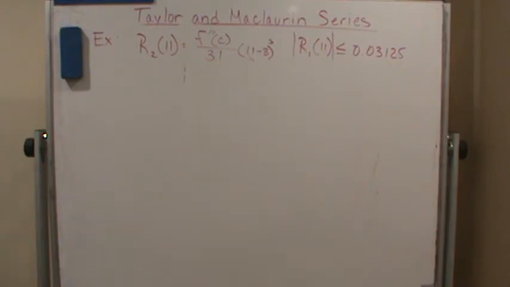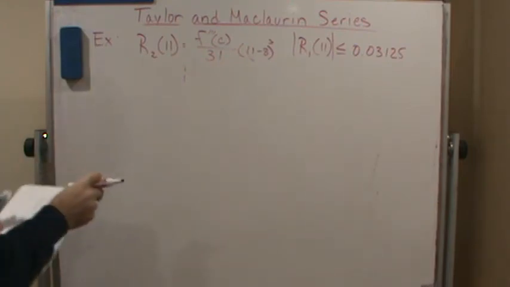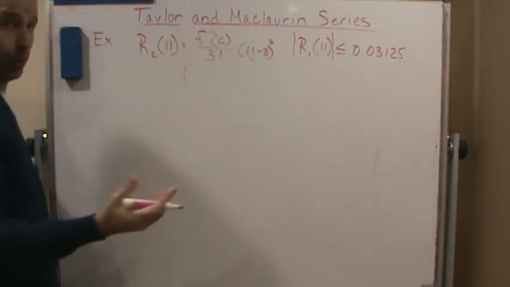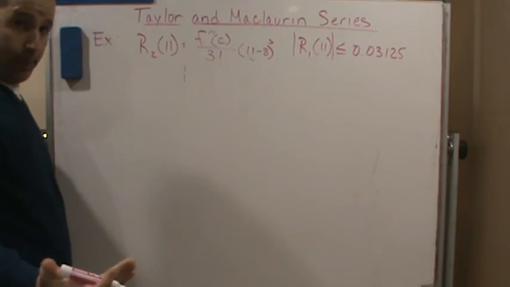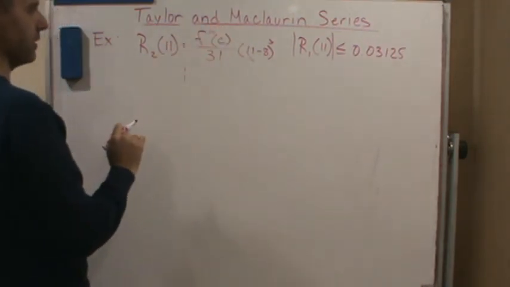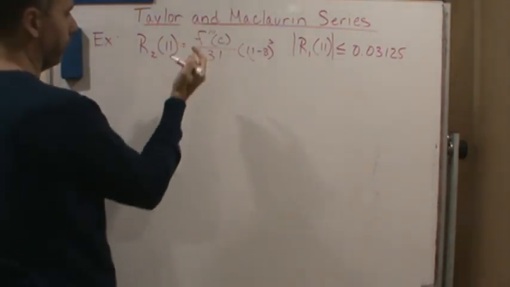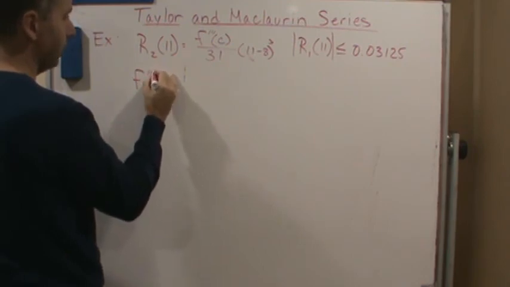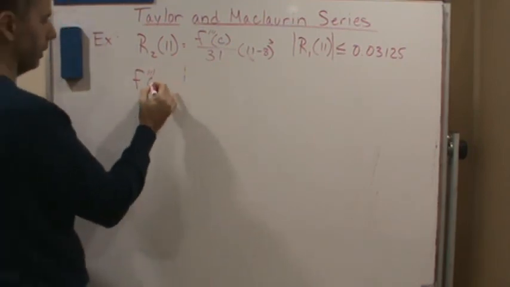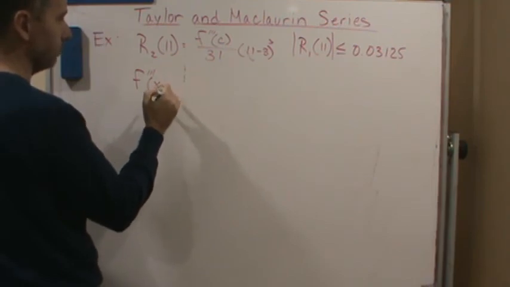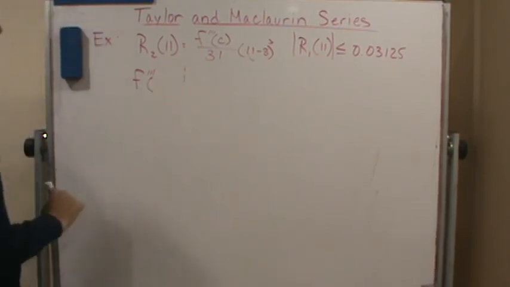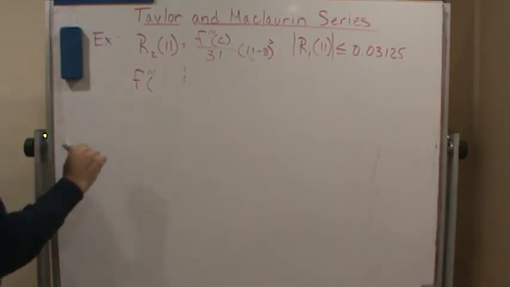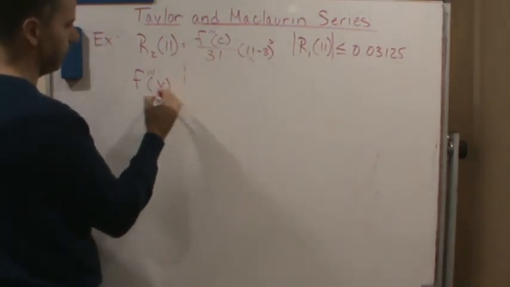Okay, and now again we're going to take the maximum value of this because we don't know what c is. So we're going to find the upper bound for this thing. We want to find the maximum value of this on the interval from 8 to 11. So what we're going to do is take this derivative, f triple prime of x.